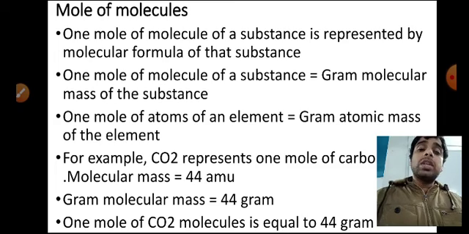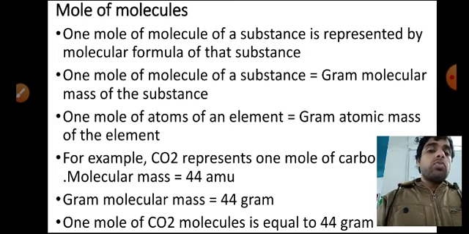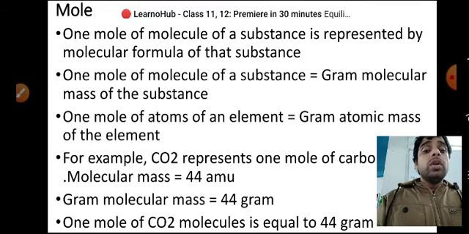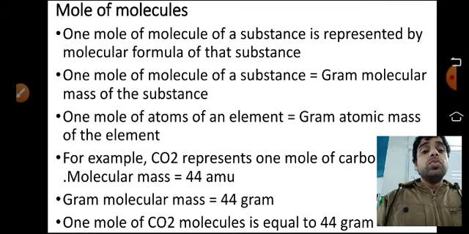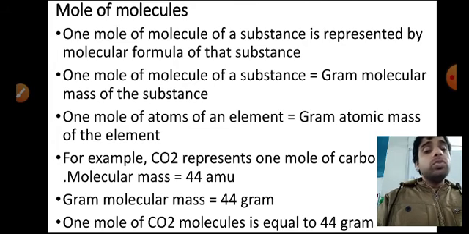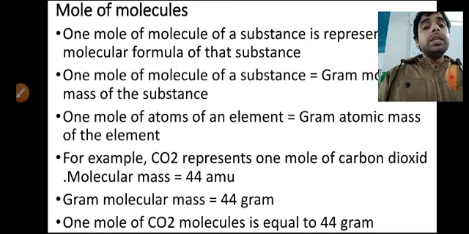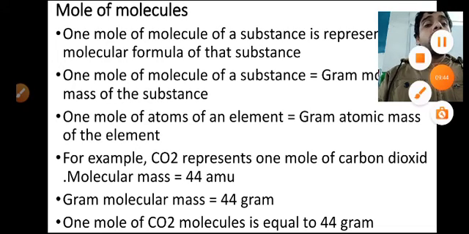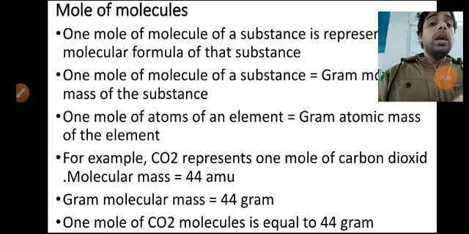You will calculate 44 grams as the answer. So 1 mole of molecules is equal to 44 AMU, and AMU can be replaced with gram. In the case of molecular mass calculation, in place of U, you can also write gram.